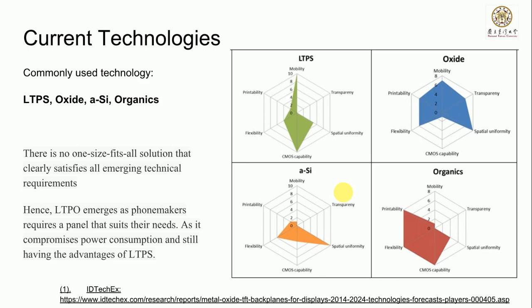Each solution has its own pros and cons, and there's no such thing as a perfect solution for different applications such as phones and large TV screens. However, LTPO has emerged to have its own special benefits, and Mohana will continue the discussion.